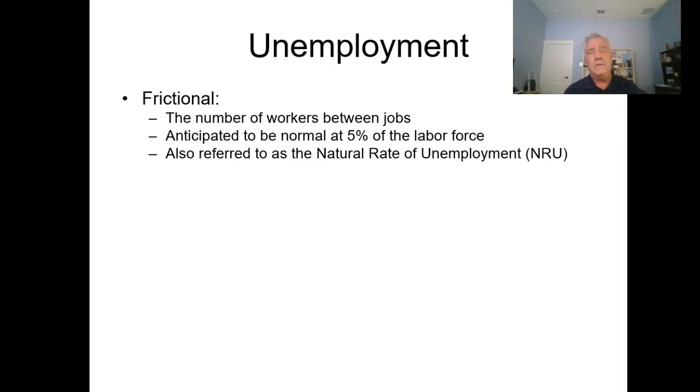So these are people who have a job, but they're transferring from one job to another, maybe from one state to another, maybe out of the country, but they're not unemployed. They haven't filed for unemployment checks or insurance payments. So they are still part of the workforce, just not currently working in the labor force. This is typical of people: you get a new job, you're going to transfer to Colorado, and you decide to take some time off between the jobs and take the family on a vacation. This happens all the time. And this is frictional unemployment. It's normal, and we expect it to be there all the time.